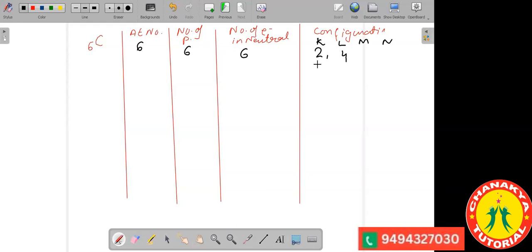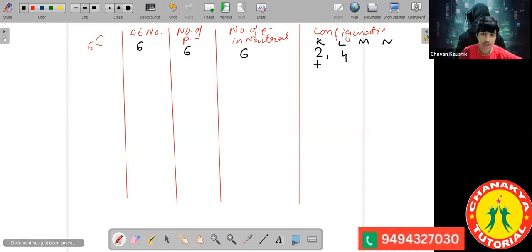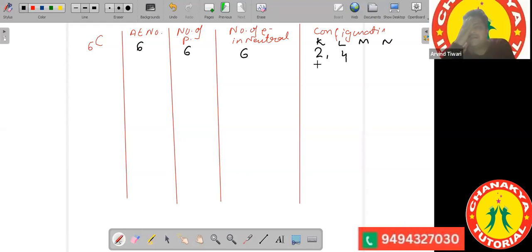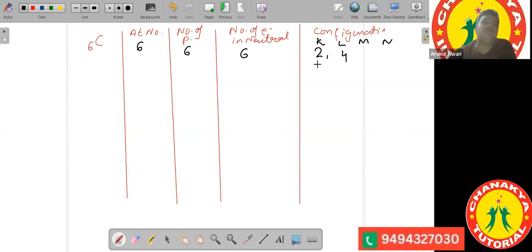Yes, but there are only 6 electrons, and first the K shell will be filled up. The K shell can hold a maximum of 2 electrons only.